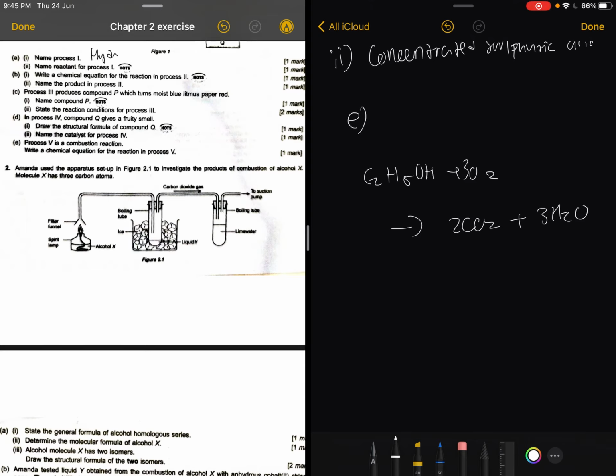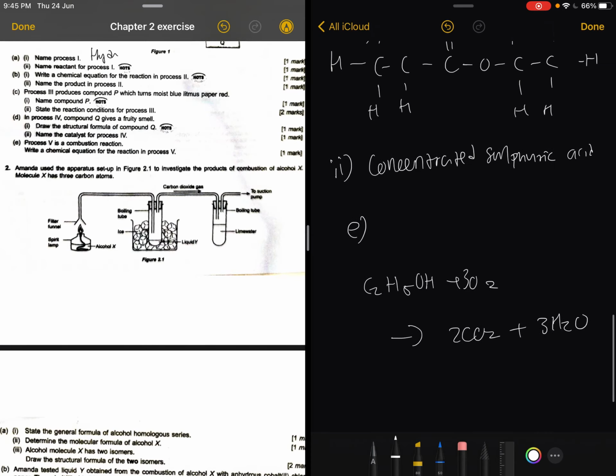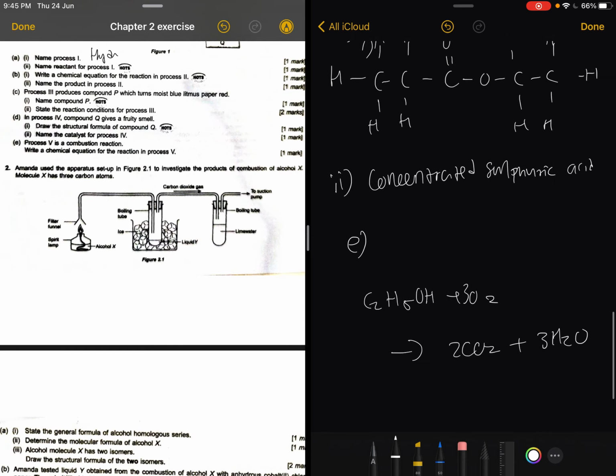Okay, so my friend just told me, when it comes to reflux it's normally under oxidation of alcohol and esterification. So let me go and check on my book, because I can't study alone.